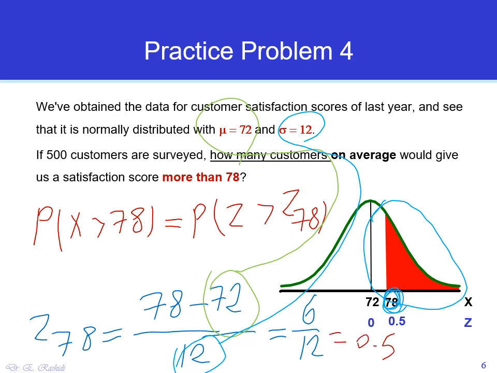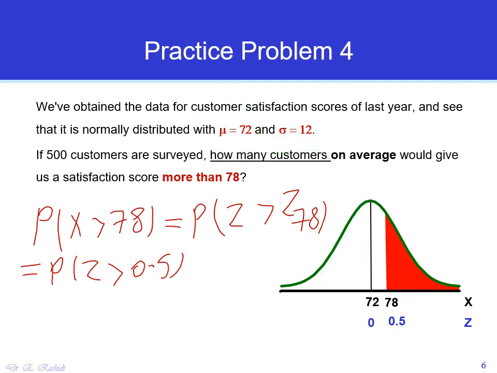So what we are looking for is the probability that Z is greater than 0.5. But what you have to remember is that the Z distribution always gives you the probability that Z is less than something, for example, Z is less than z star.